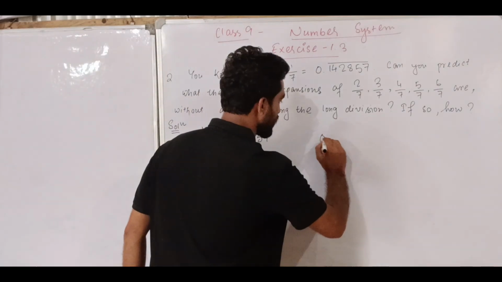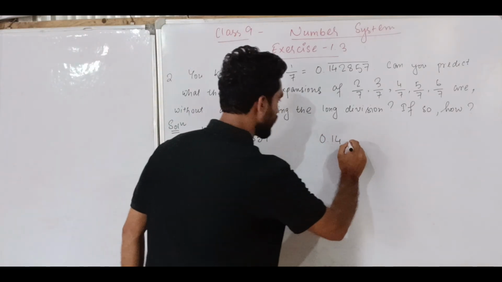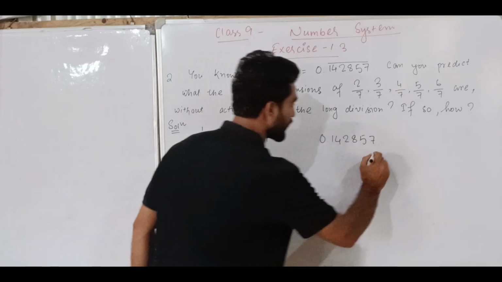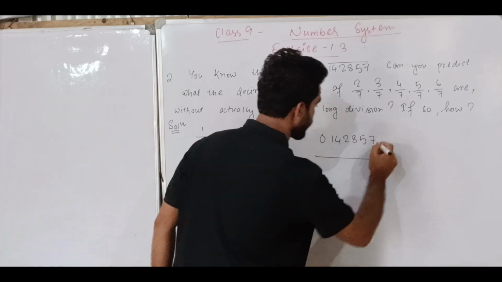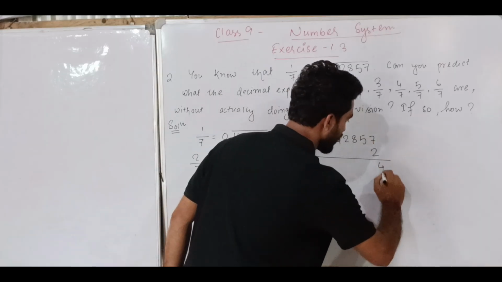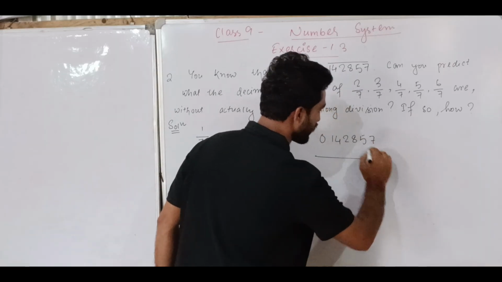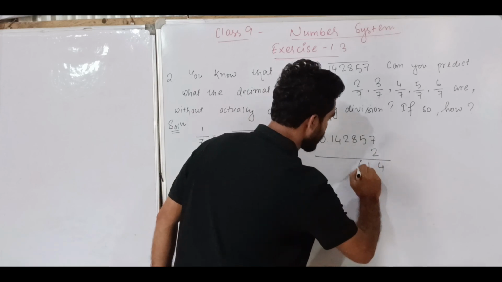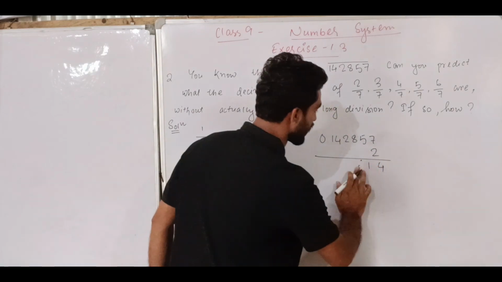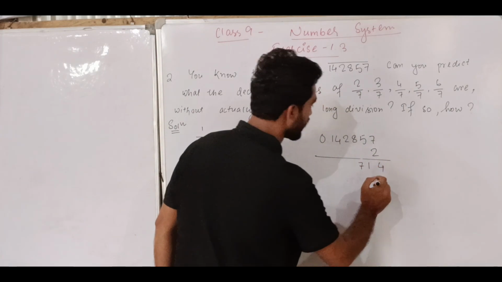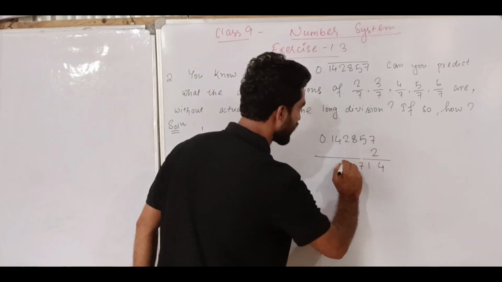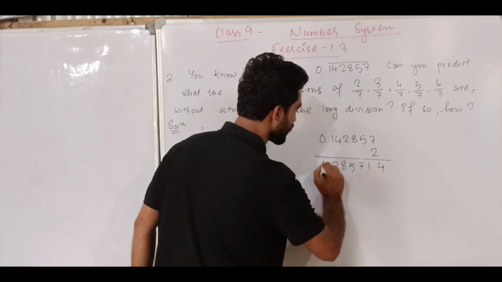So see, 0.142857 multiplied with 2. 7 twos are 14, 5 twos are 10 and 1 carry makes 11, 1 carry, 8 twos are 16 and 1 makes 17, 1 carry, 2 fours are 8 and 1 makes 9, 4 twos are 8, 1 twos are 2.